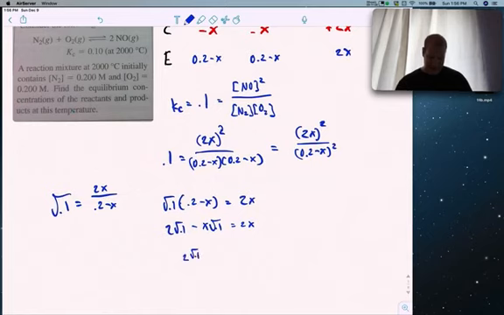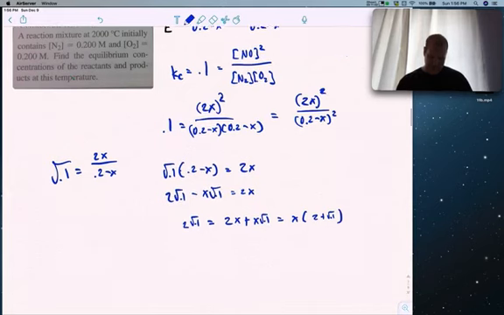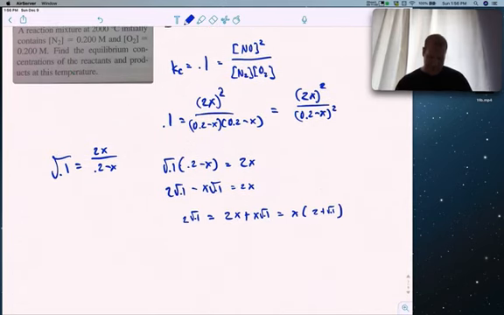And we can bring out the x: x times 2 plus the square root of 0.1. Now we divide both sides by that, so x equals 0.2 times square root of 0.1 all over 2 plus the square root of 0.1.